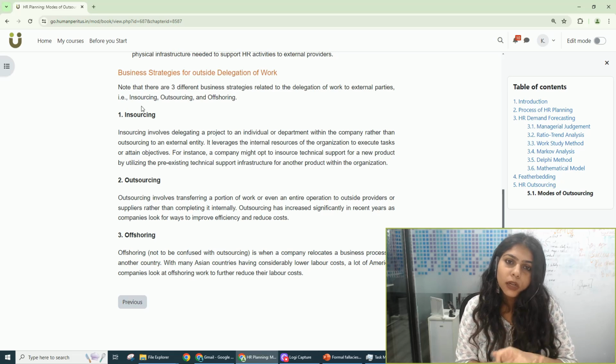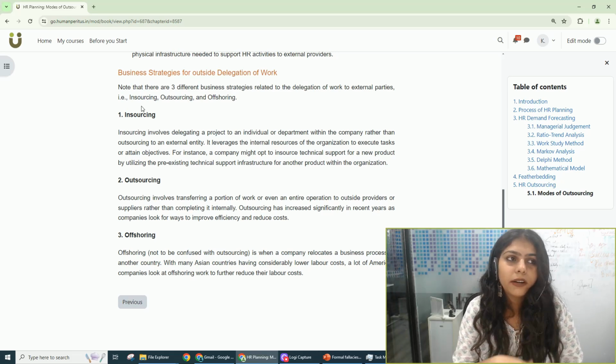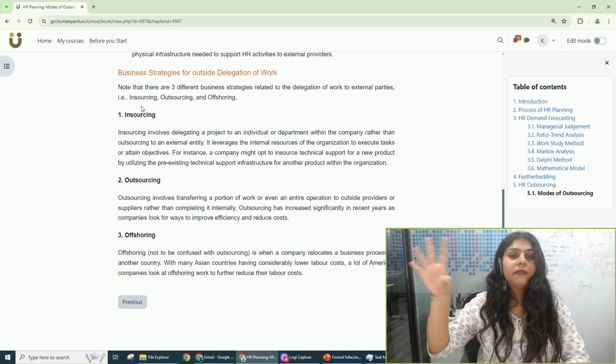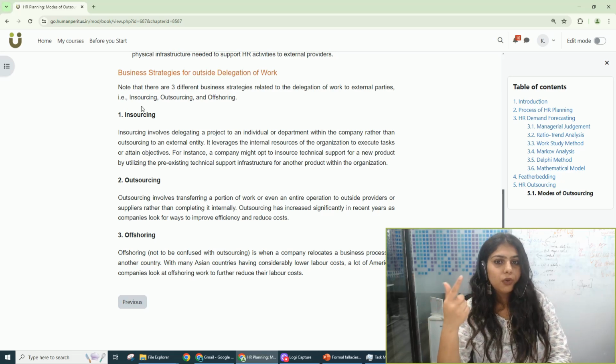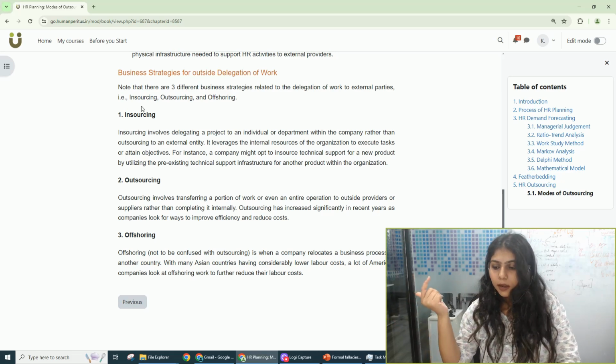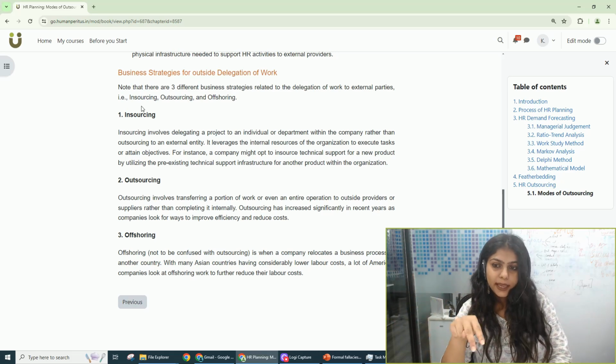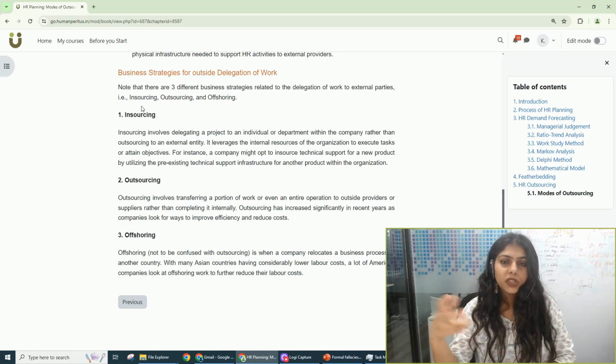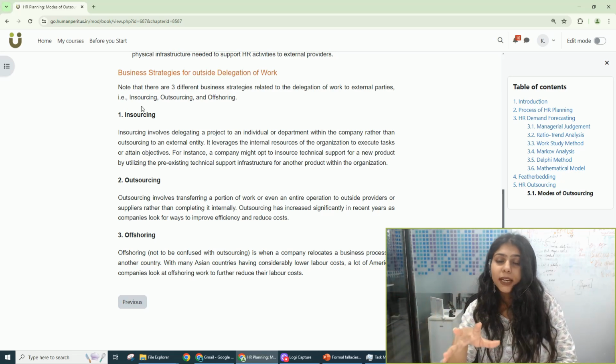So what they do instead is, whoever their current customer representative is, they train them in order to achieve that. So they didn't have to hire external people. In fact, they trained their own people, the people they already had in the organization, and they upskilled them to achieve something bigger. So that is insourcing.